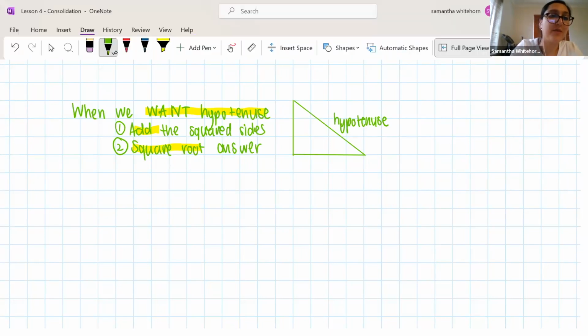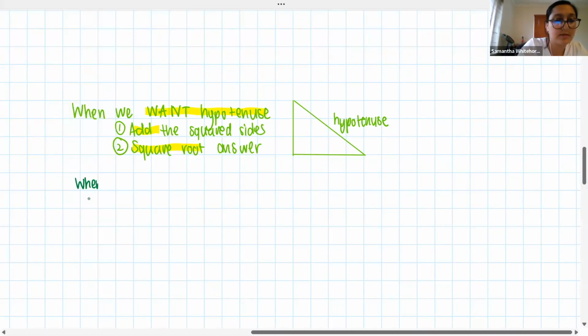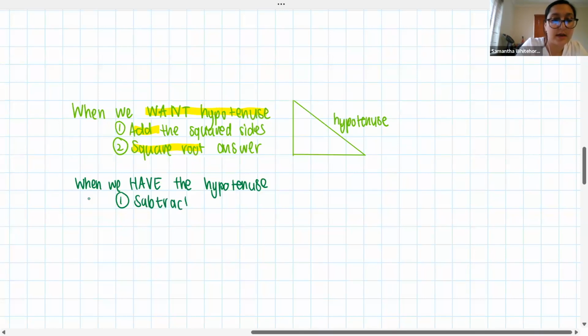However, if we have the hypotenuse, we will subtract, and your order of subtraction will be the hypotenuse squared minus the other known side squared.